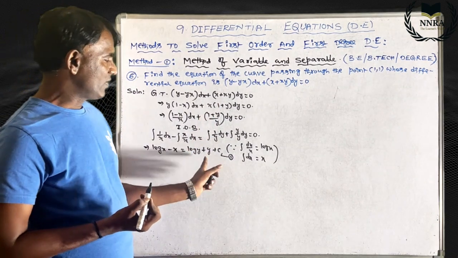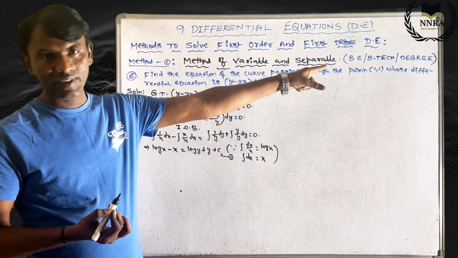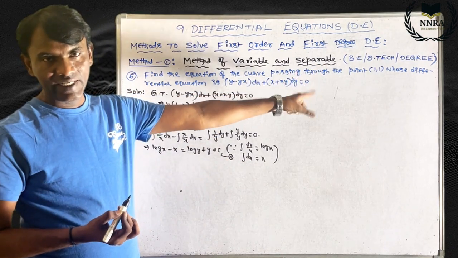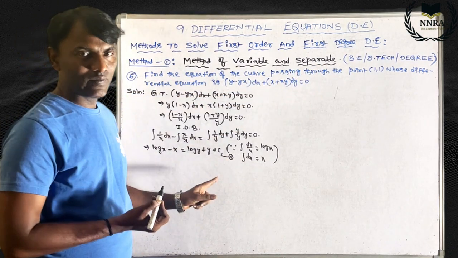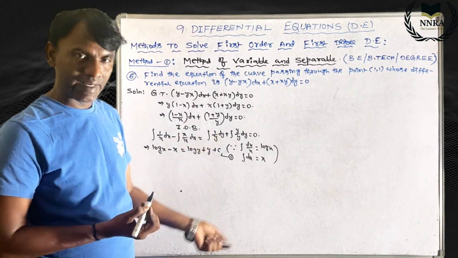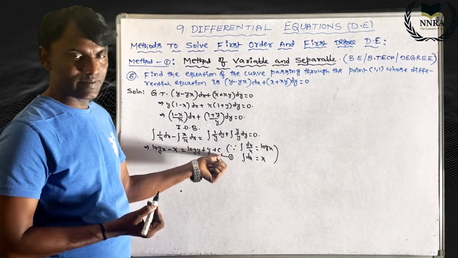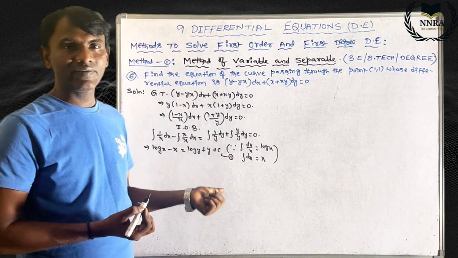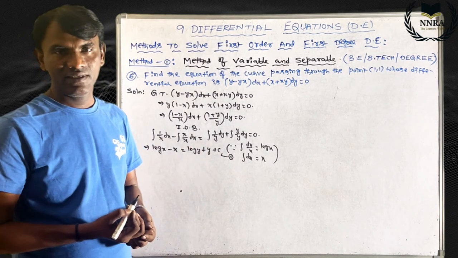But this whole equation passes through the point (1, 1). By putting x equal to 1, y equal to 1, we get the arbitrary constant c value, and again we have to substitute the c value in this place, then we get the required particular solution.